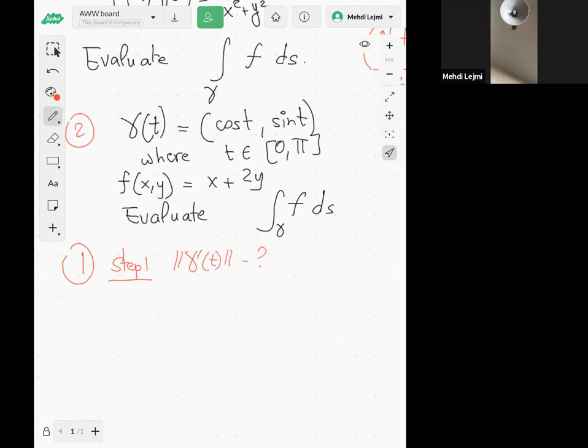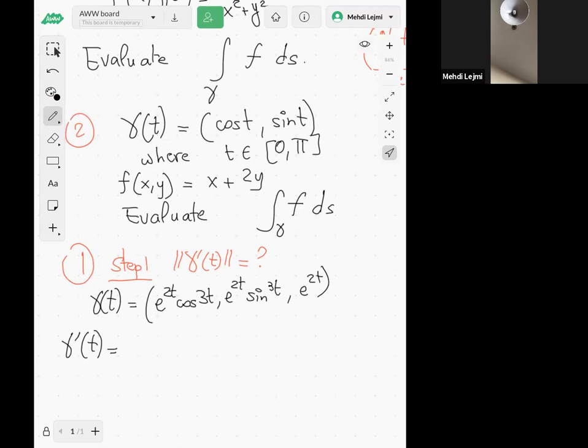So gamma of t is this exponential of 2t times cosine of 3t, and then exponential of 2t times sine of 3t. Then the derivative, gamma prime of t.